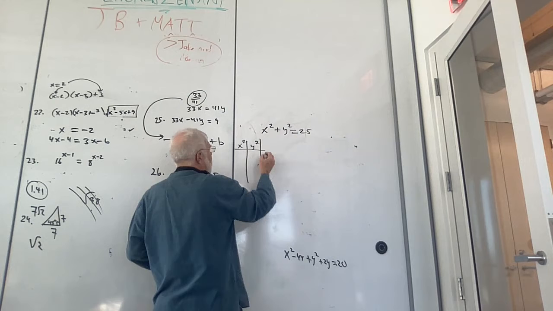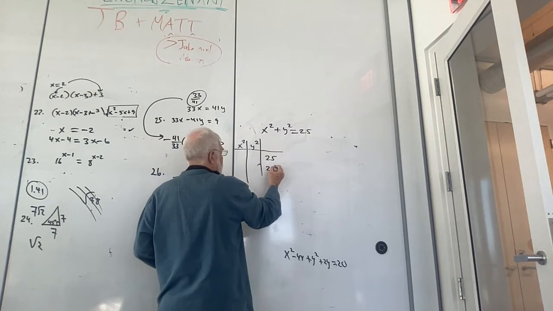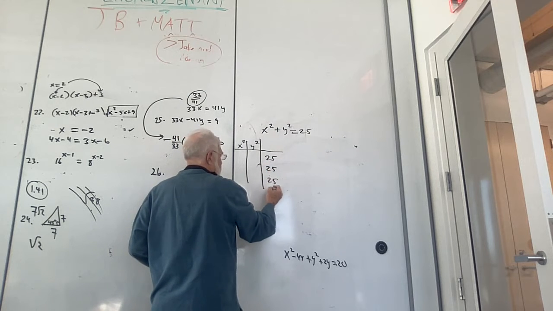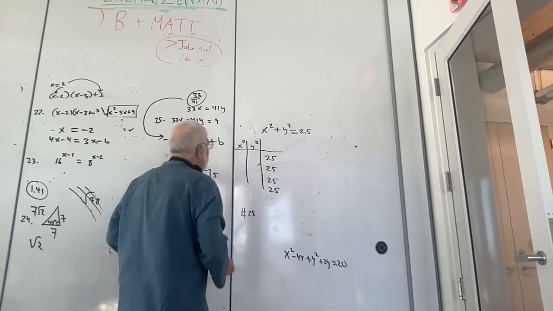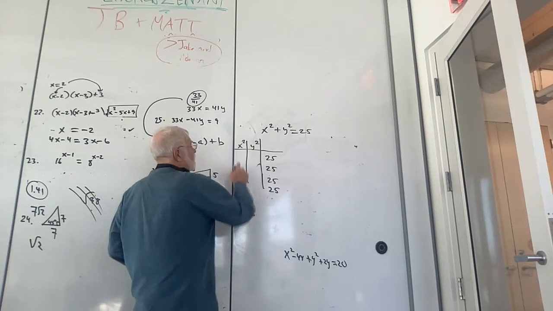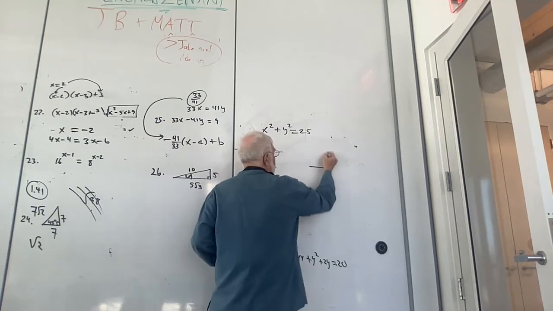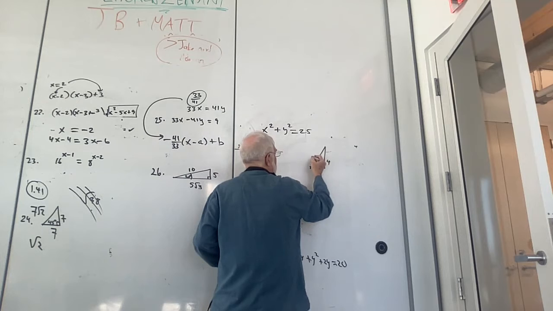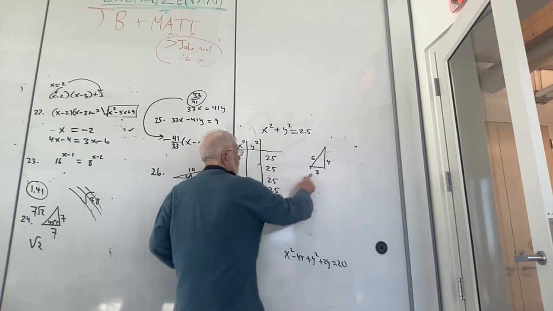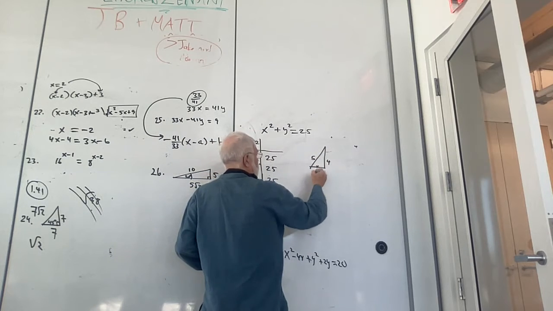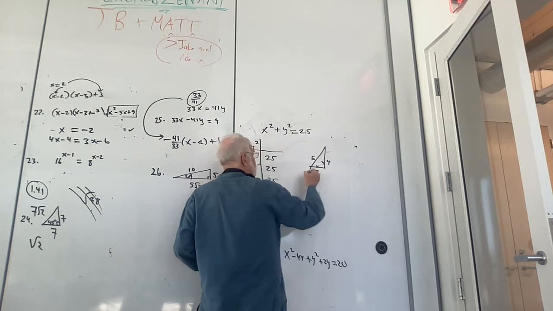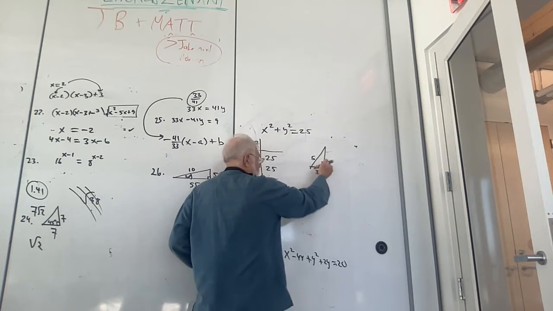We're going to add up those two columns and we want to get 25. So if I pick a number like 3, if I work with a 3, 4, 5 triangle, I can see that my x squared and my y squared adds up to 25 in this instance.